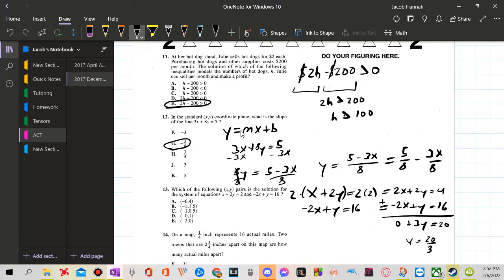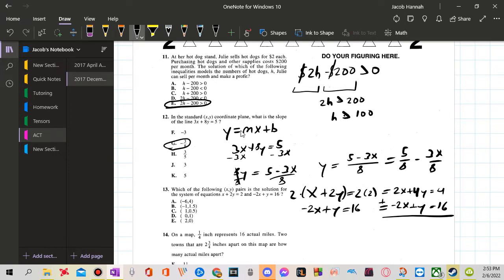Now if we plug that back into one of these equations, we get, let's see. Oh no, I did this wrong. Oops. My bad. I didn't do the math right.